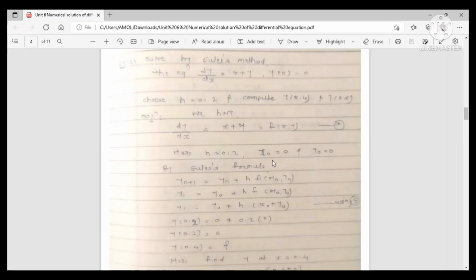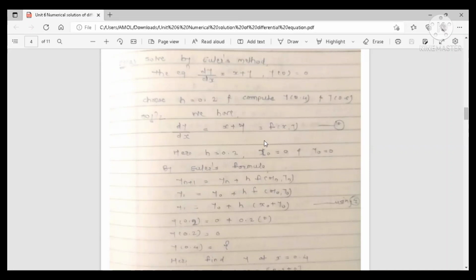So how to find x1? X1 means x naught plus h. X naught is 0 and h is 0.2. So 0 plus 0.2 is 0.2. So by using Euler's formula, you find first y1 when x1 is 0.2. Actually our aim is to find the value of y when x is 0.4.